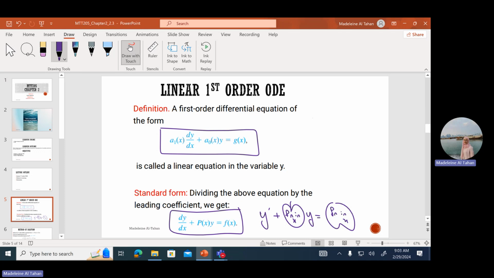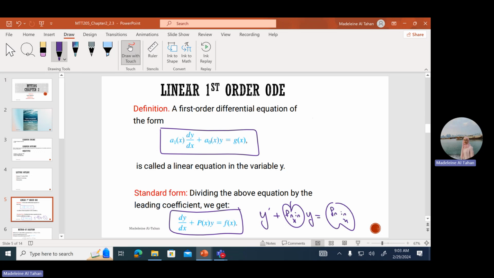Okay? So just write the general form of the first order linear differential equation and the standard form. It's very important to write the standard form because we cannot solve a first order differential equation if it's not in standard form, or if we do not get an idea what p of x will be.